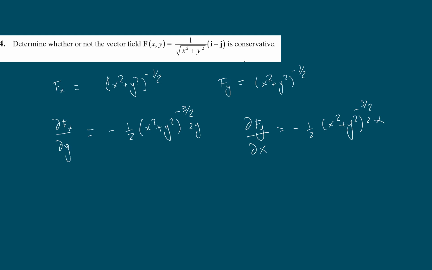Conservative means that the line integral over a closed path will be 0. And it also means that you will not be able to find the potential f of xy whose gradient is the vector field. Not possible to find the function f, the potential.